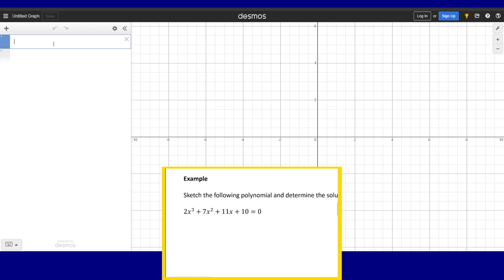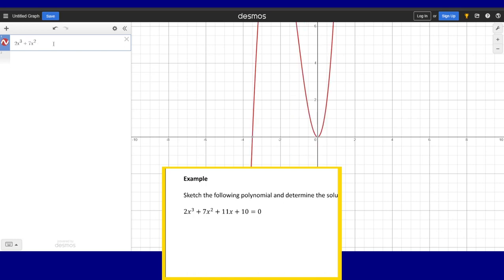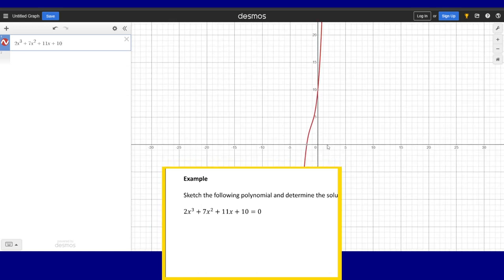So 2x cubed plus 7x squared plus 11x plus 10. And here, if I zoom out, I see our function.